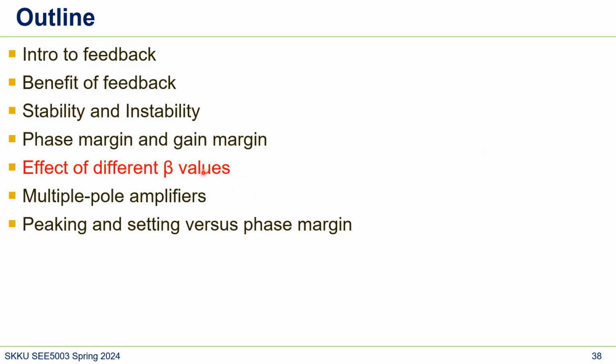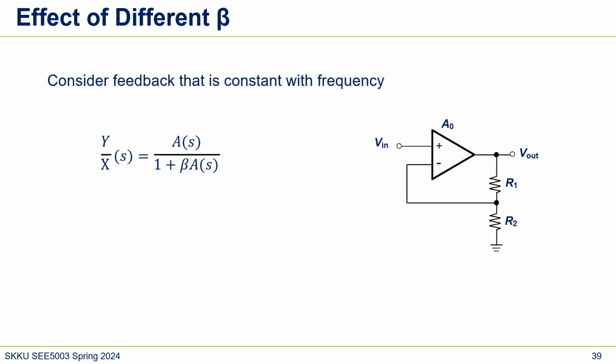Next, we will see how different feedback factor, beta, impacts the phase margin. So let's consider a feedback factor that is constant with frequency. In this case, beta will be R2 over R1 plus R2, right? And A is a function of frequency, and as I said, s is j omega.